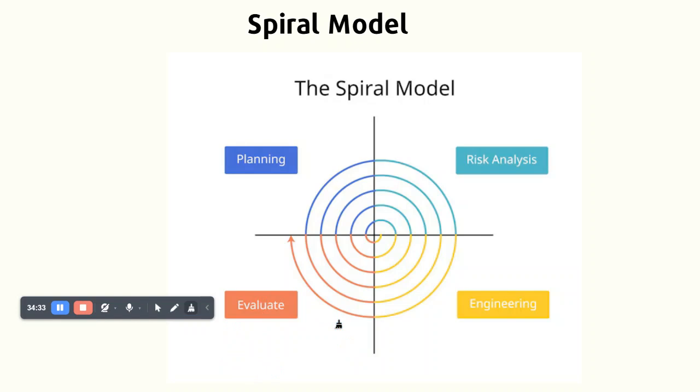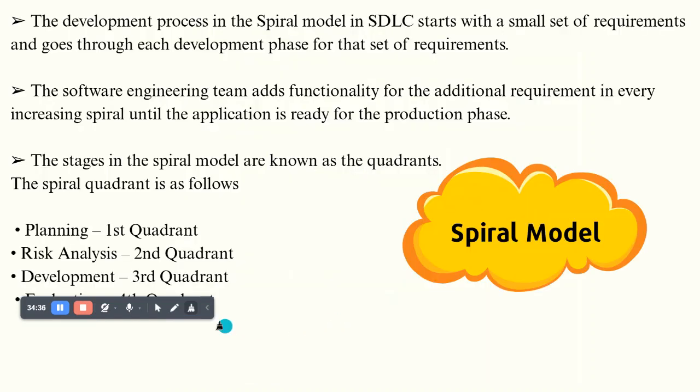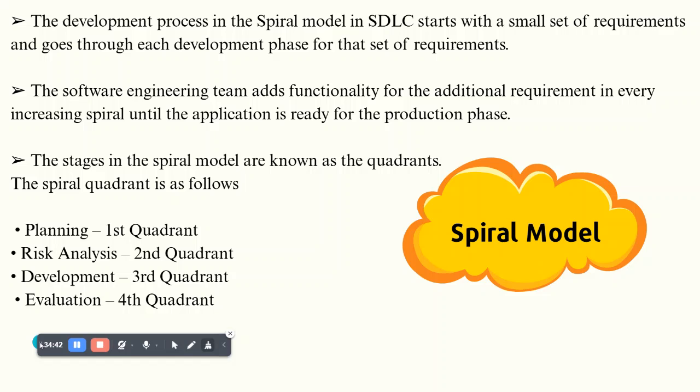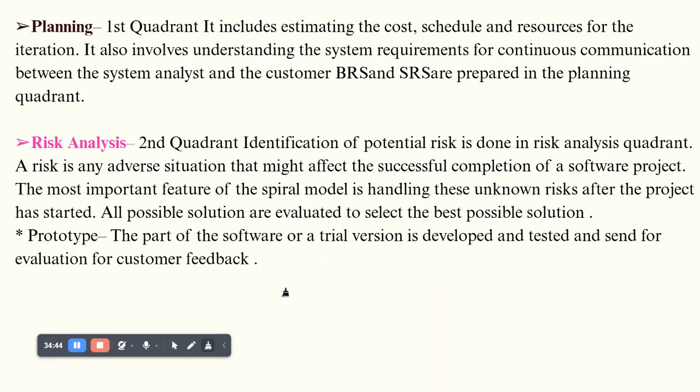Then for moving to the next quadrant, this is about evaluation: is it working fine as per the client requirement? So the planning phase is in the first quadrant, then the second quadrant is risk analysis and development, then evaluation in the fourth quadrant. The planning quadrant is about the cost, schedule, and resources for the iteration.